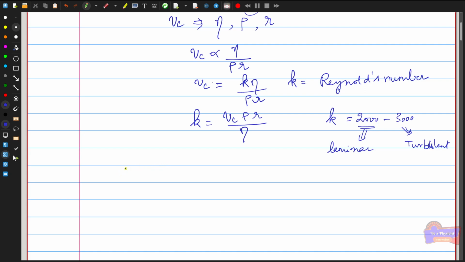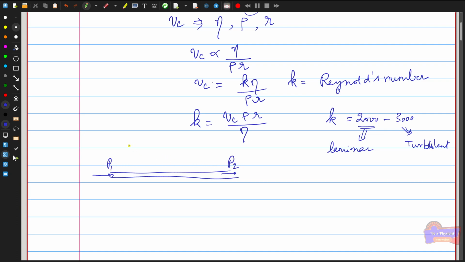Suppose you consider a capillary tube and the fluid flowing from one point to another. How does this flow occur in the tube? What causes the flow? The answer to this question is the pressure difference. Suppose the pressure at one point is P1 and at another point is P2.